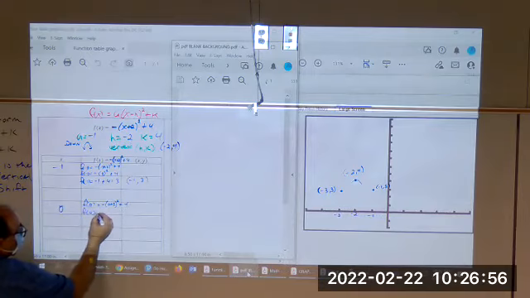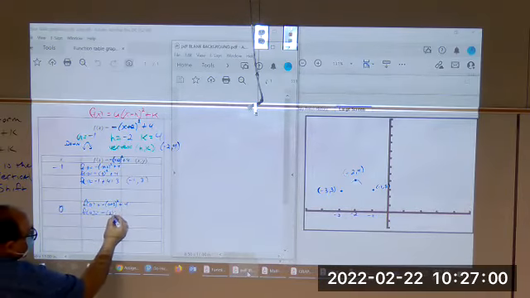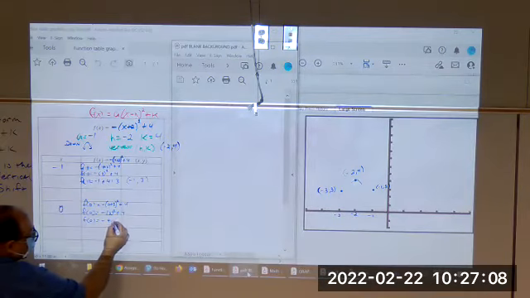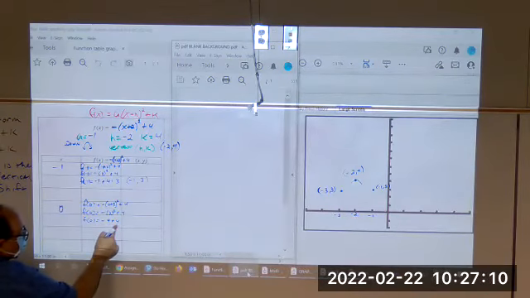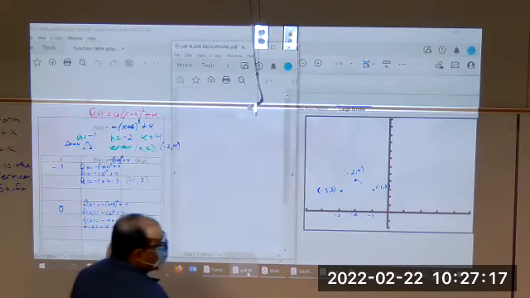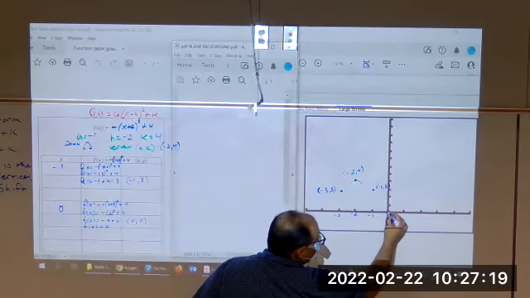So F of 0 is bring down the negative. 0 plus 2 is 2 squared plus 4. So F of 0, a negative in front, 2 squared is 4, plus 4. -4 plus 4 is 0. So when 0 goes in, we get 0. So it's now going to go through the origin, 0, 0.